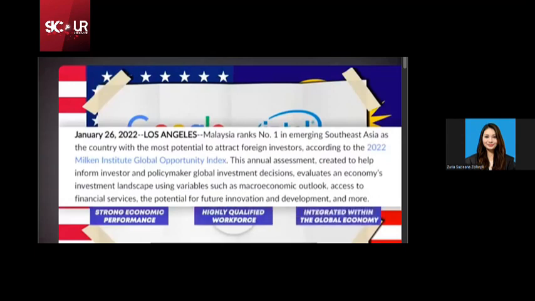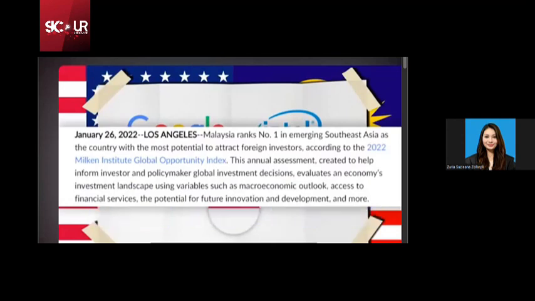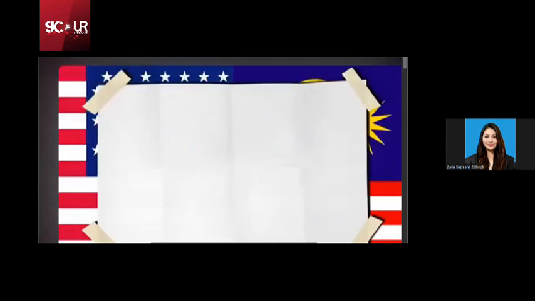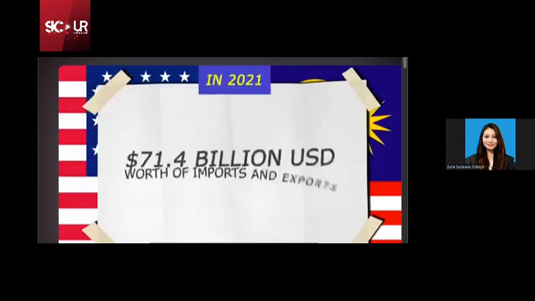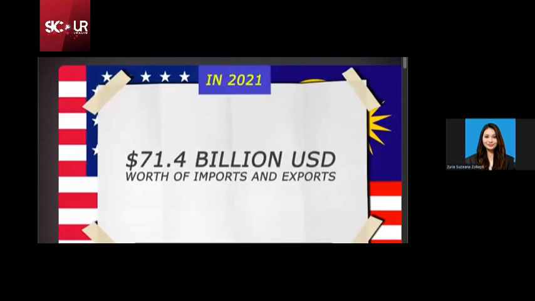Back to our topic of the US and Malaysia relations. The two have a strong bilateral trade volume. In 2021, they had registered close to 71.4 billion US dollars worth of imports and exports. Favored, of course, for Malaysia, as the Southeast Asian nation has always been known to have a strong surplus worth of exports to the US.